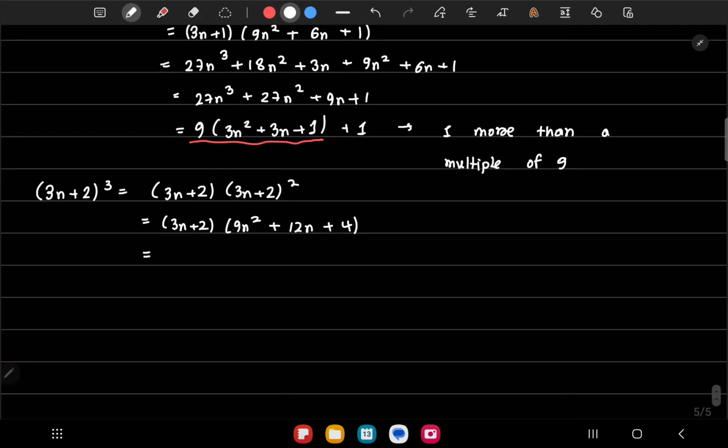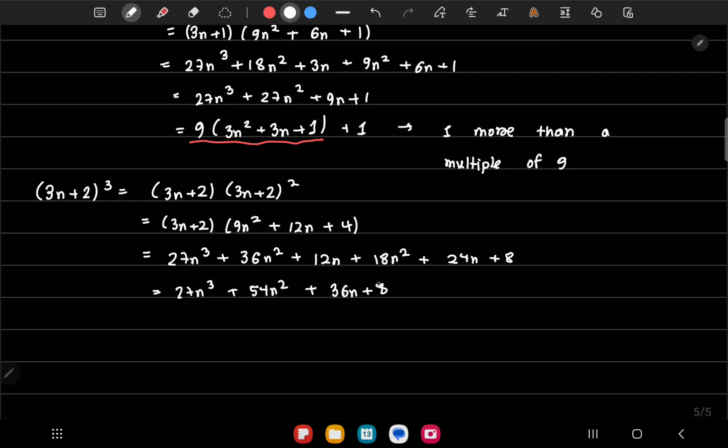From here I get 27n cubed plus 36n squared plus 12n plus 18n squared plus 24n plus 8. This would be 27n cubed plus 54n squared plus 36n plus 8.